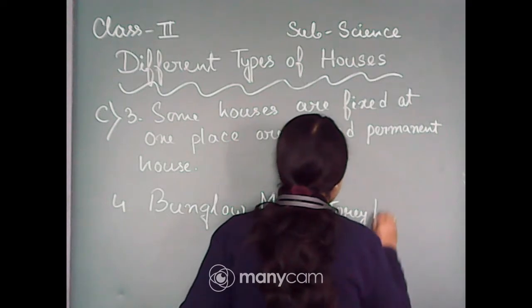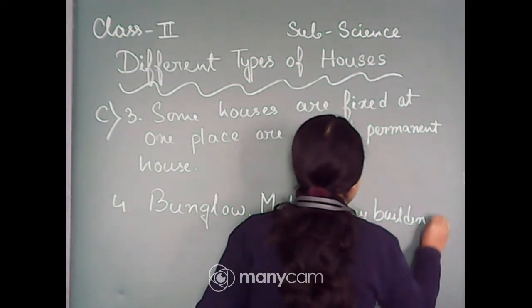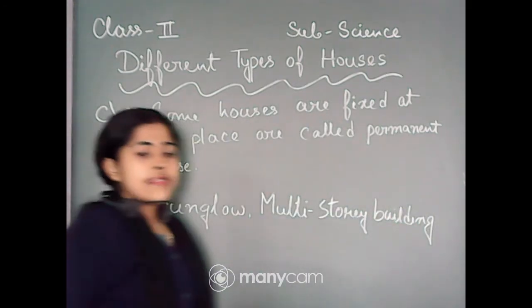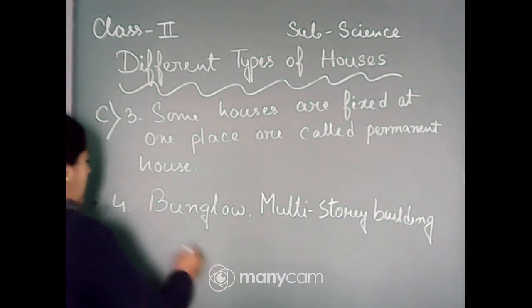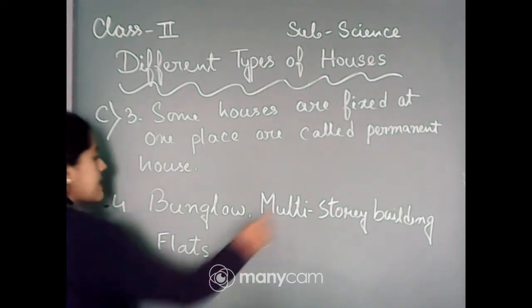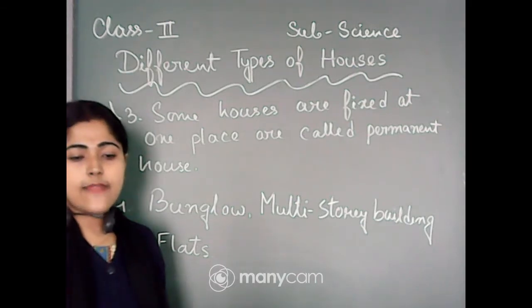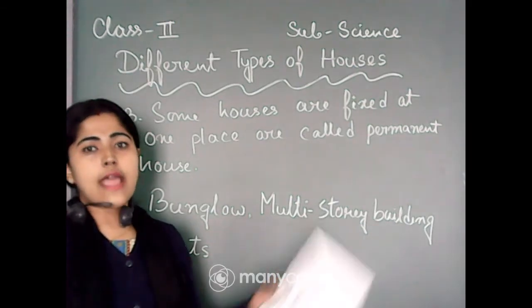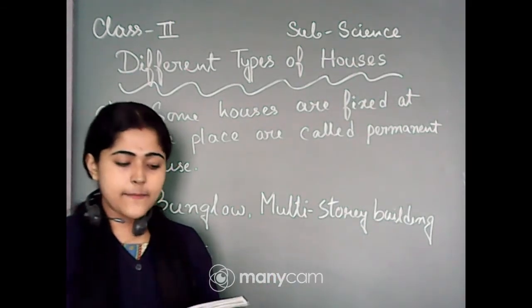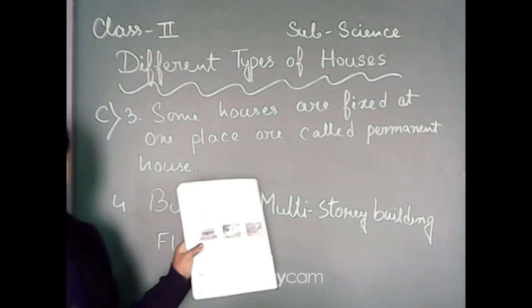And there are also the pakka house and flats. Flats, which we can see in a multi-story building. You can write here bungalow and flats, or bungalow and multi-story building. Okay. So here we completed question C.